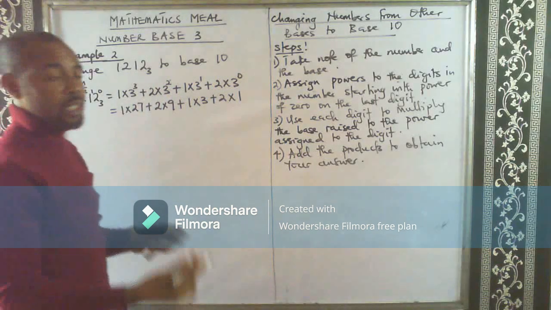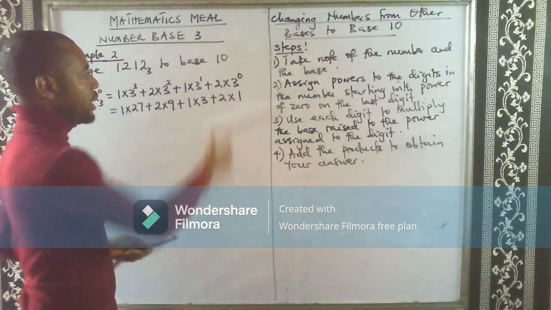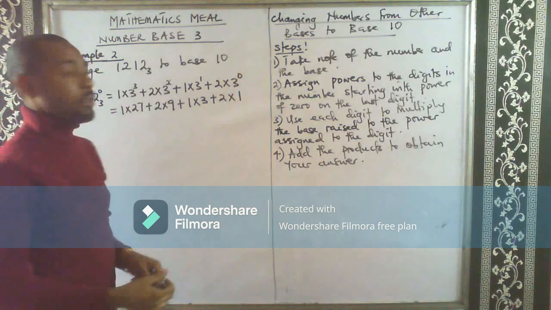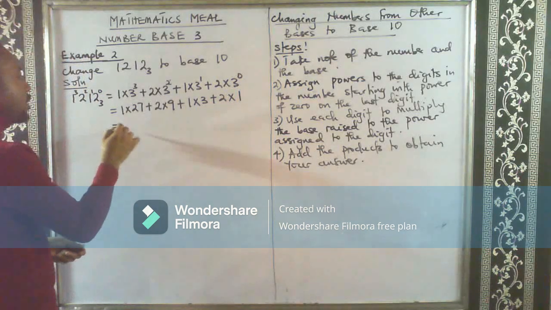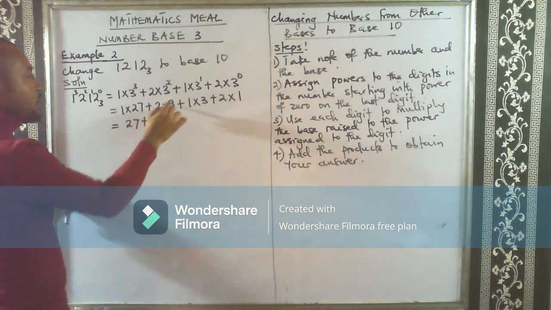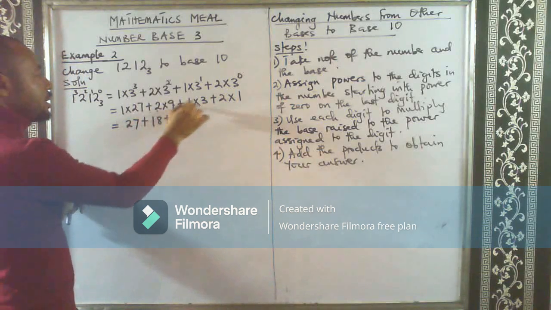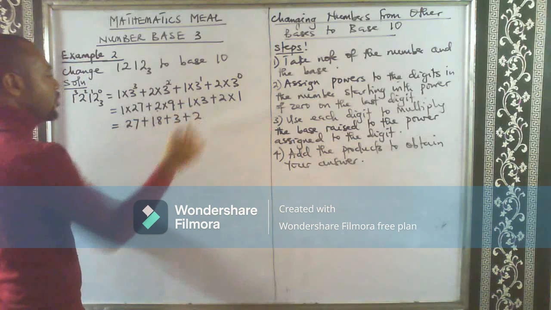We know that when you raise a number to power of 0, you are going to have 1, provided the number is not 0. So 3 raised to power 0 is 1. If we simplify further, 1 times this will give us 27, 2 times 9 is 18, 1 times 3 is 3, and 2 times 1 will give us 2.